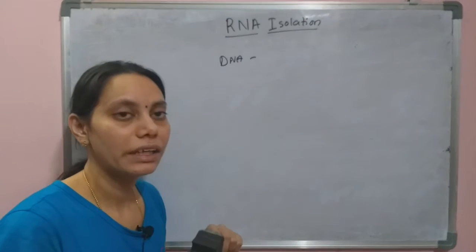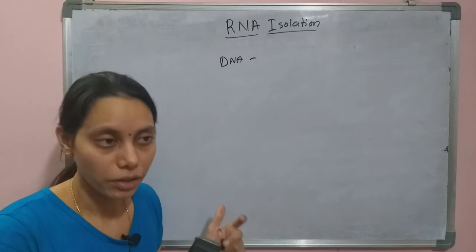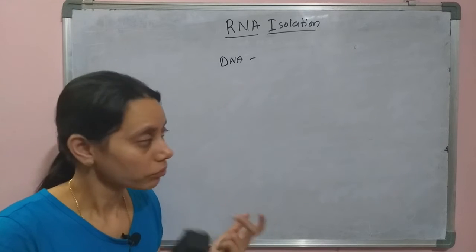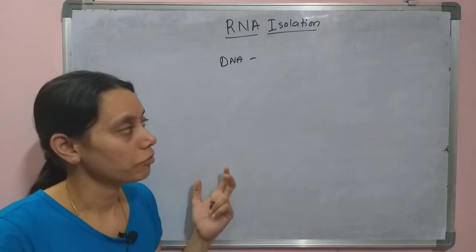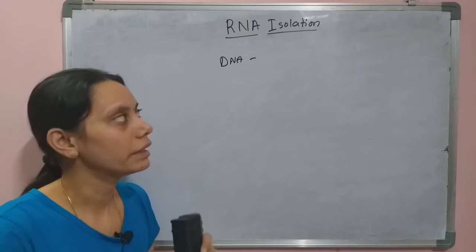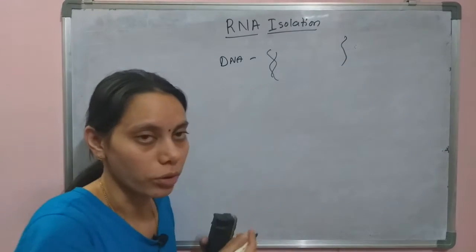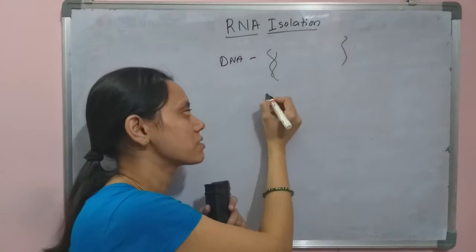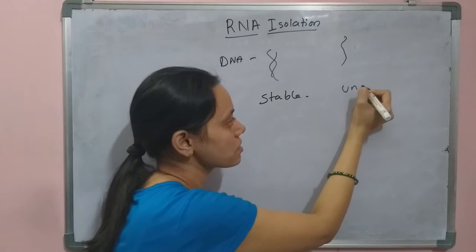Basically, DNA is different in its structural and other features, and RNA is also different from DNA. DNA is a double-stranded molecule, whereas RNA is a single-stranded molecule, and DNA is highly stable but RNA is unstable.